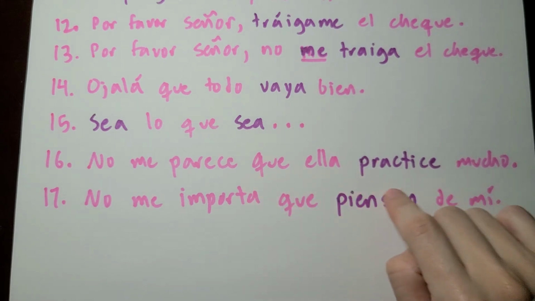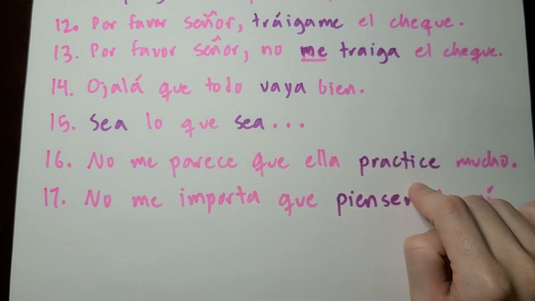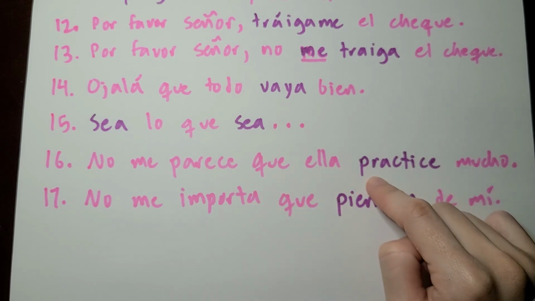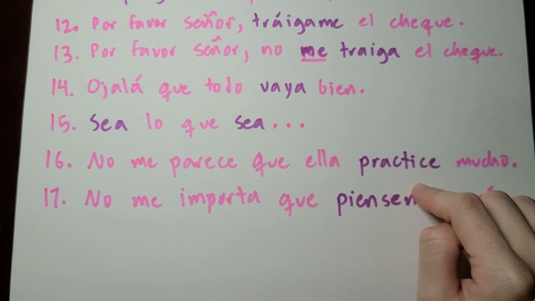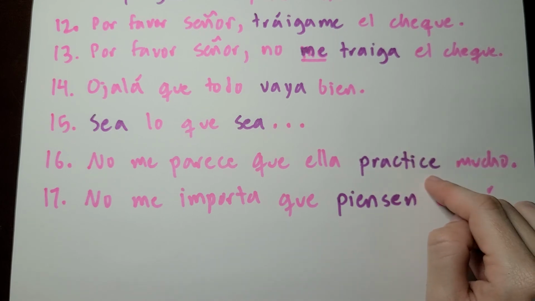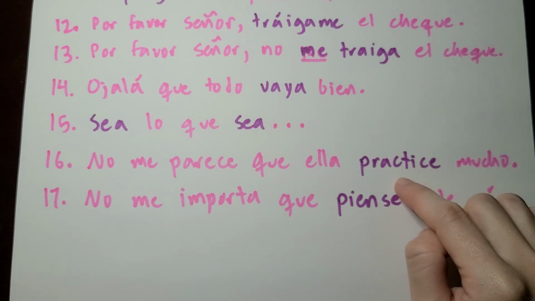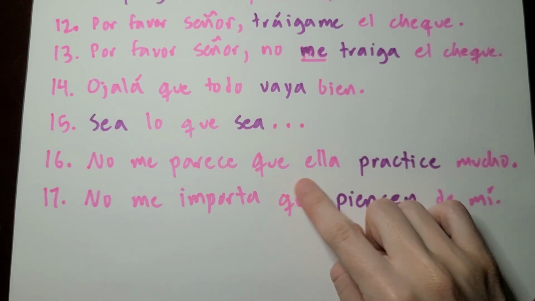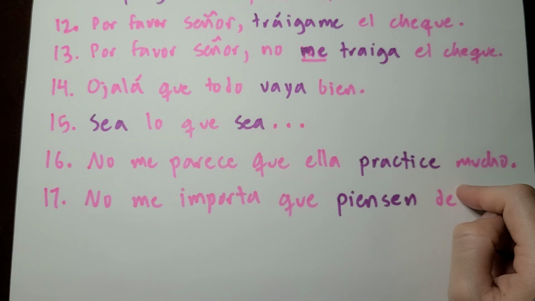And the part of the sentence that needs to be in the subjunctive is the thing that you are doubting. So practique comes from practicar. This is very easy. Instead of an AR, it becomes an ER ending. Practique instead of practica. No me parece que ella practique mucho.